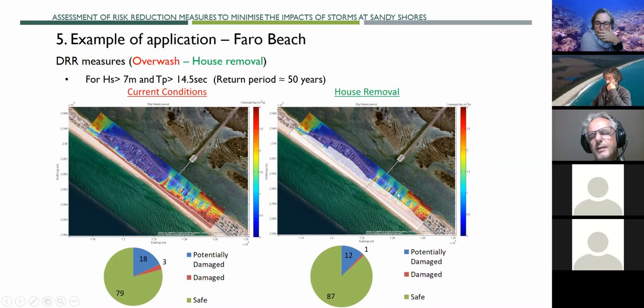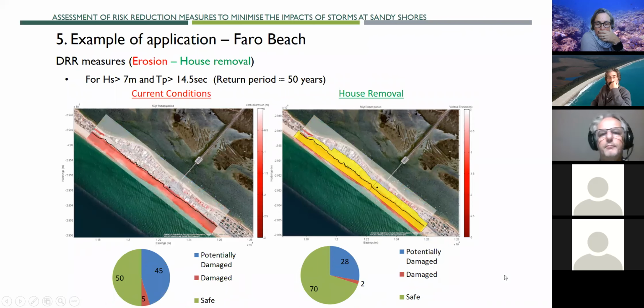In fact, some houses here on the back barrier would still be affected, and so the reduction of the risk would not be as effective as placing the beach nourishment. The same for the erosion.